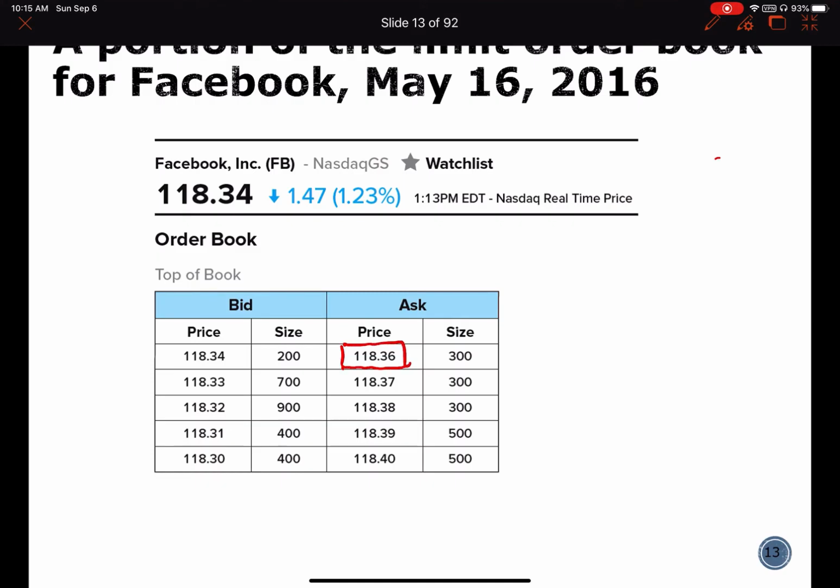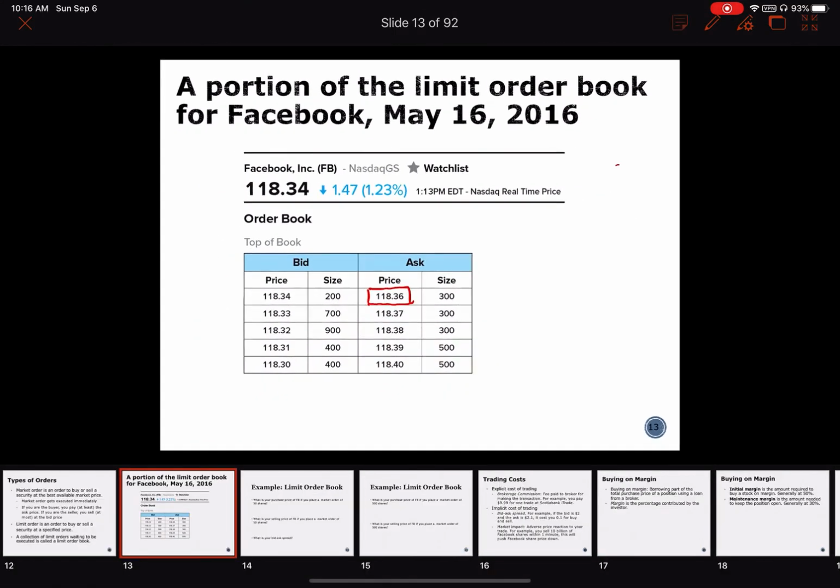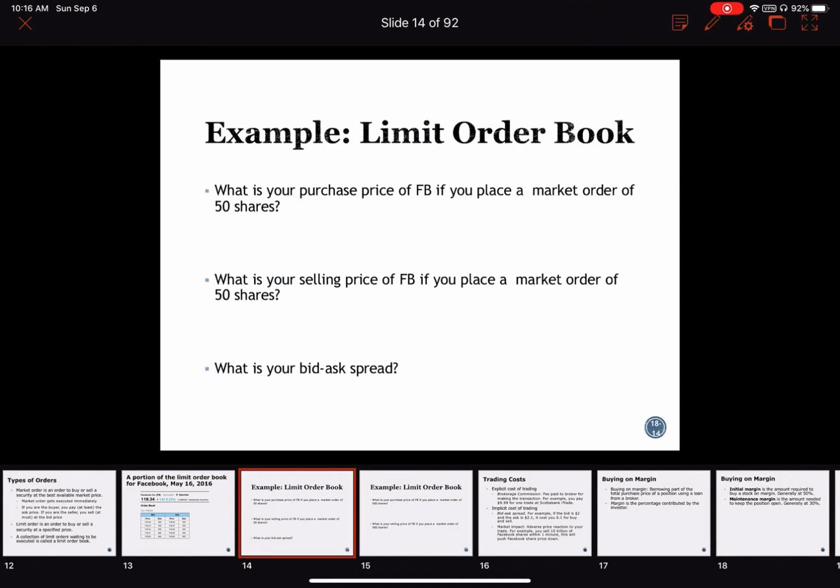This is the lowest price these sellers want to sell you Facebook shares. And you're placing this market order and you want your order to get executed immediately. So you have to pay this price. So the answer here is 118.36.